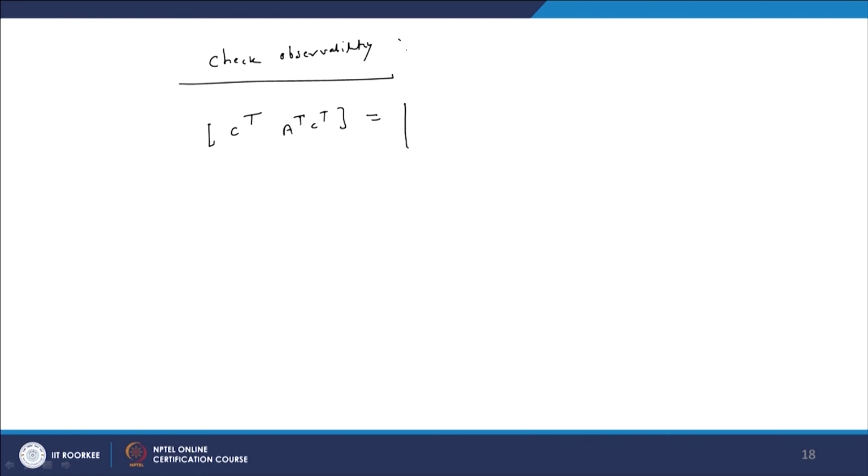So here C transpose is 1 0 and A transpose C transpose, if you do the multiplication, we will get 0 10. So it is the observability matrix. So the determinant of the observability matrix is 10. So we can say your system is observable.